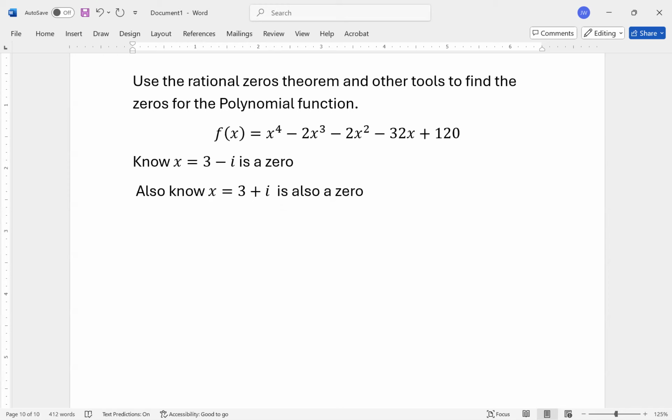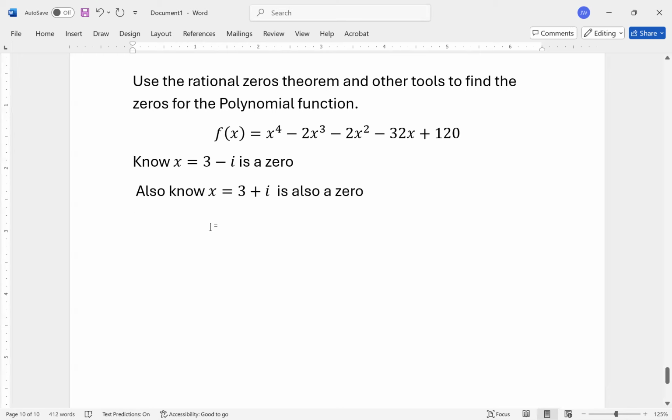Remember, complex zeros occur in conjugate pairs if our polynomial has real number coefficients. So I know 3 plus i is a zero. Also, 3 minus i is a zero. So since 3 minus i is a zero, 3 plus i is also a zero.